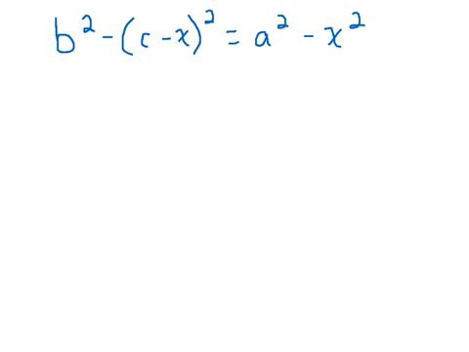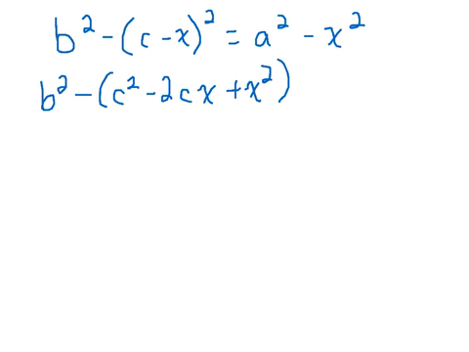Well, that's going to be helpful because as I have this particular equation here, I can solve this for one of my variables. And one of the variables I want to solve it for is b squared. So in order to do that, I do need to do a little bit of expansion of our quadratic. I'm going to have b squared minus the quantity c squared minus 2cx plus x squared, and that whole quantity is equal to a squared minus x squared.